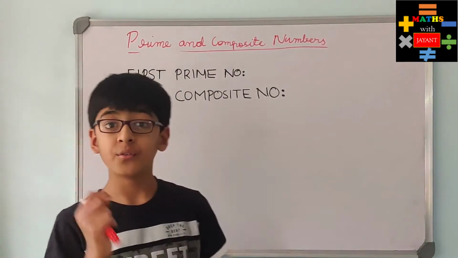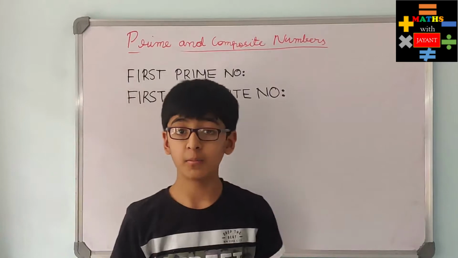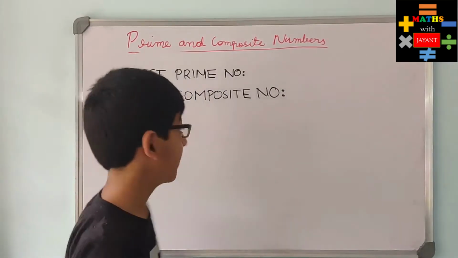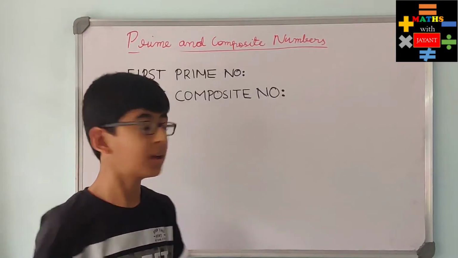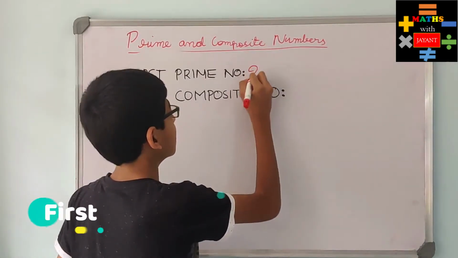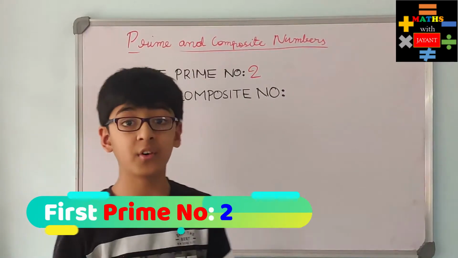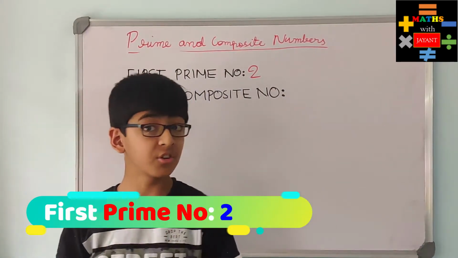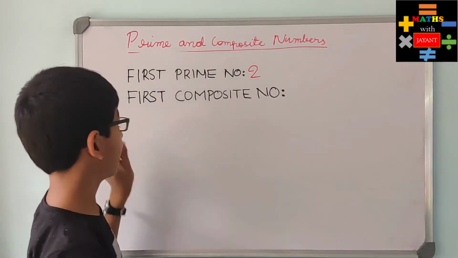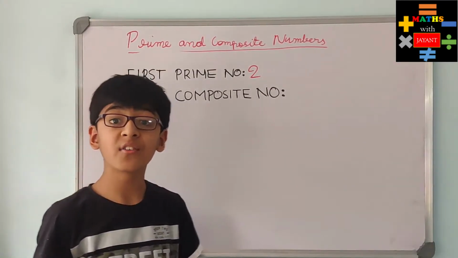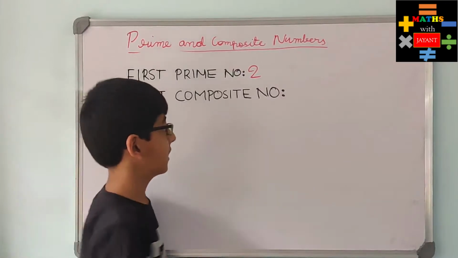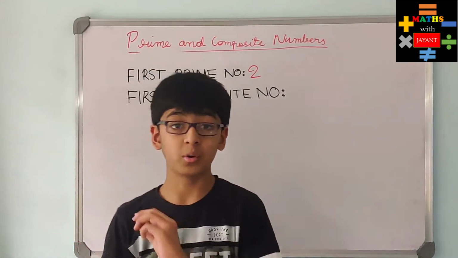Which is the first prime number? You might know, but yeah. The first prime number. Which one is it? It is 2. So the first prime number is 2. What about the first composite number? The first composite number is 0. No. Is it 1?